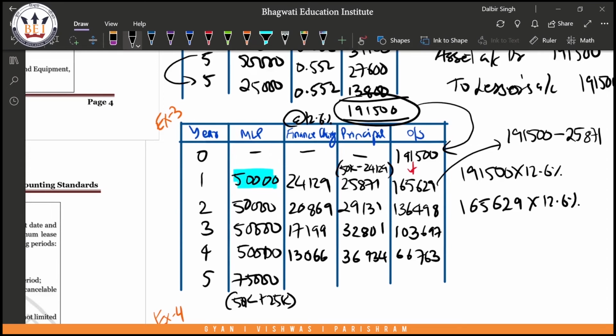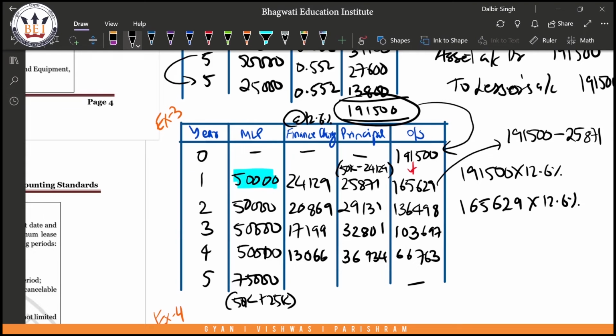Okay. Now coming to the last year. Here, at the end of the day, your balance outstanding should be 0. Ideally you do 66,763 into 12.6 percentage to get your finance charge. But here you have to match your outstanding to 0. There might be some rounding differences, so you adjust it in the finance charge.